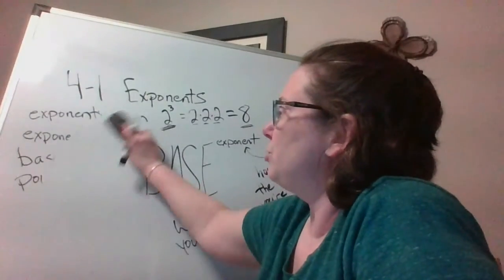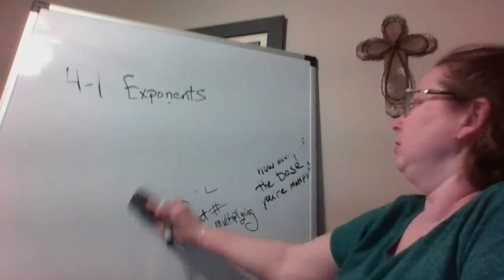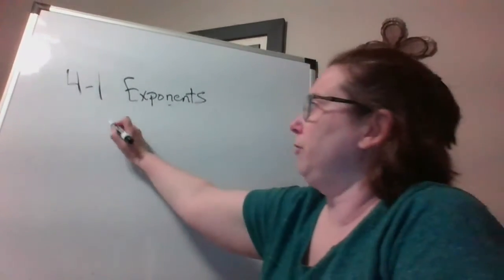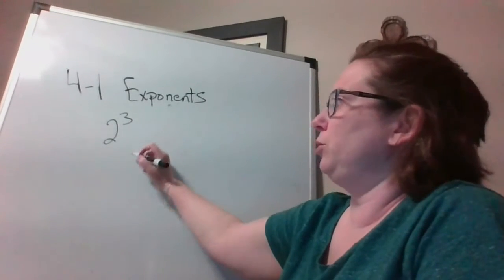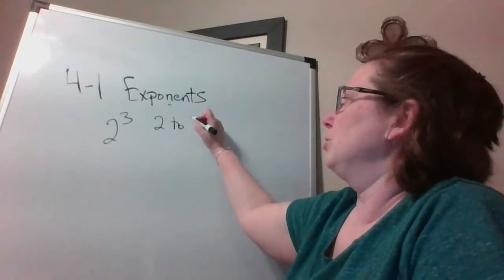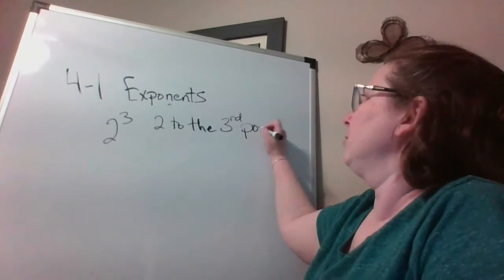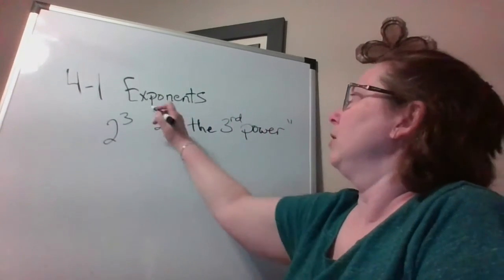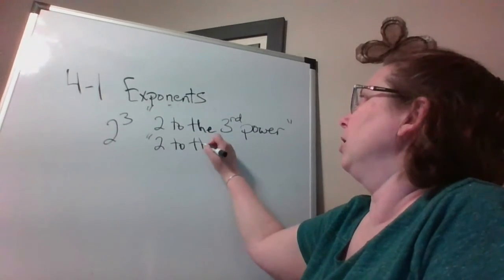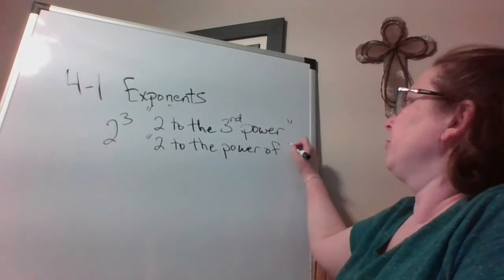What I want you to add to your notes here is that, just like I had read that one, if you have this, you could say 2 to the third power, or you can say 2 to the power of 3.